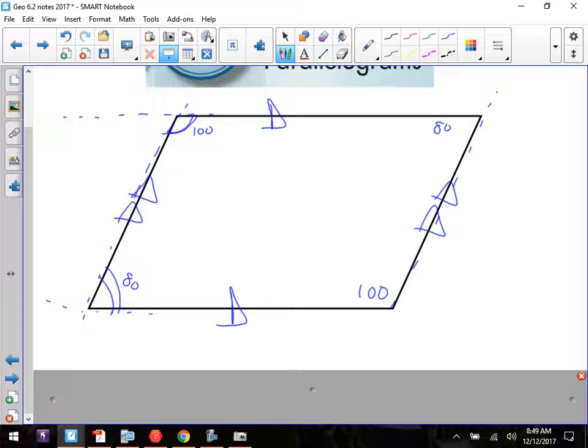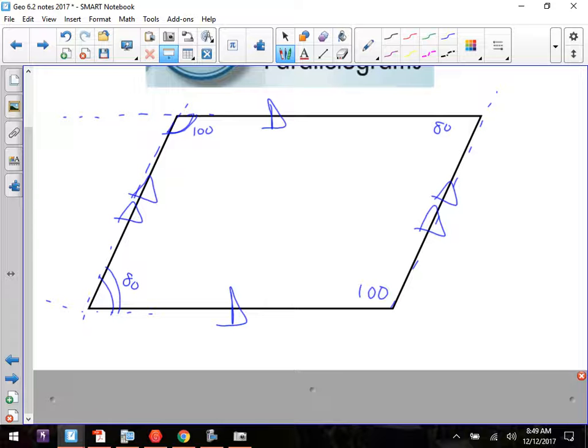So we know that opposite sides are parallel. Consecutive angles are always supplementary. I'll write in here 180 in case you forgot. Look at the angles that are opposite each other. When I say angles that are opposite each other, what do they look like?